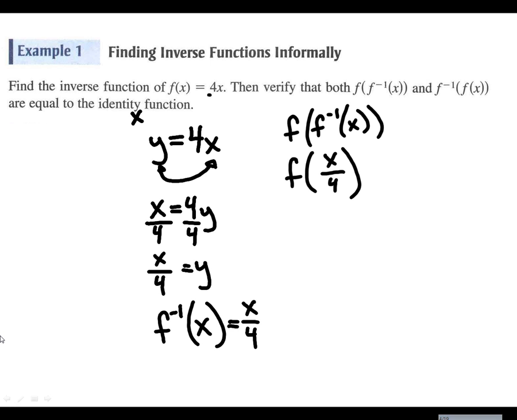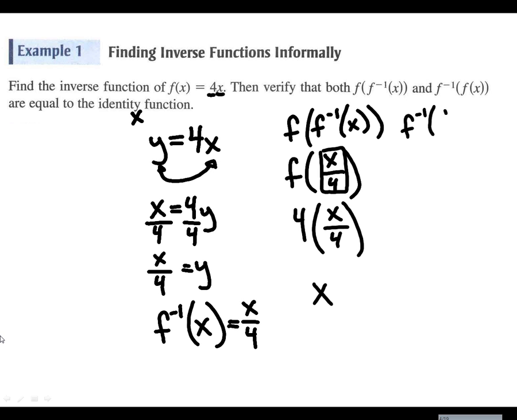And f says we're going to go 4, and then we're going to put our input in. 4 times whatever we have inside, which is x over 4. And guess what happens to the 4's? They cancel out. We're halfway home. Let's check it the other way.